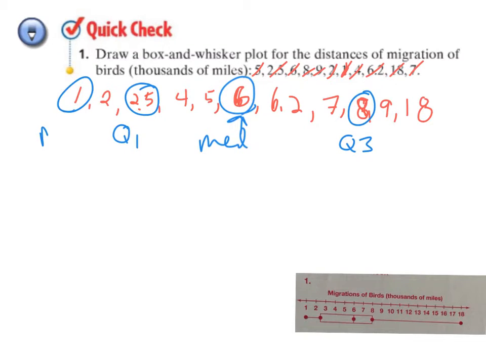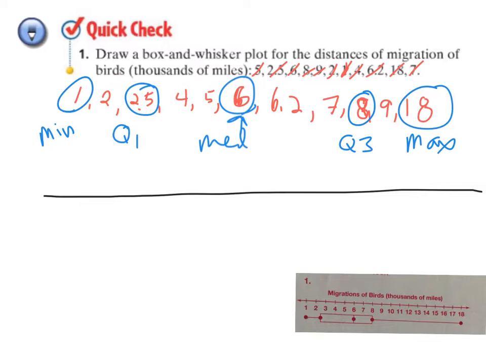Then we have the minimum and the maximum. Okay? So those are the things that are going to make up the dots. Now, I go from 1 to 18, and that's pretty easy to make a number line of, right? So we'll make a number line, and we'll go 1, 2, 3, 4, 5, 6, 7, 8, 9, 10, 11, 12, 13, 14, 15, 16, 17, 18.